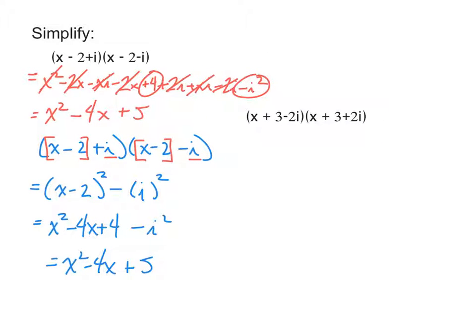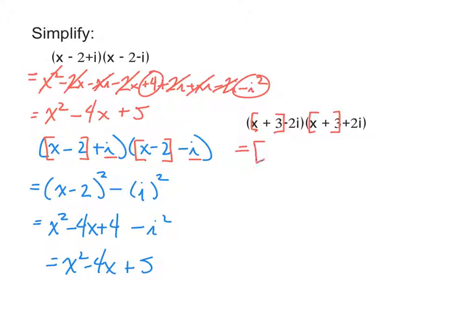So let me take this one, move it down here a little bit, and try to do this one in the same way, where I only see the difference of a plus and minus right here and here. So I'll separate it so that I'll have x plus 3 minus 2i and x plus 3 plus 2i.